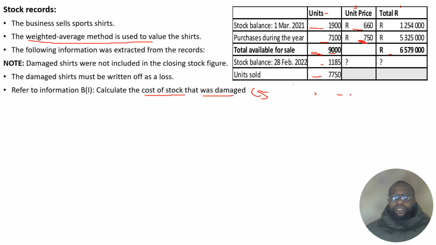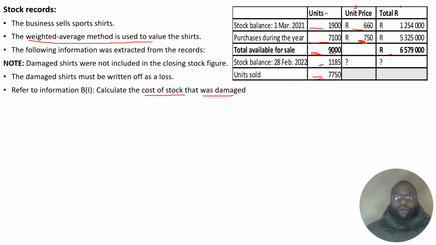Let me repeat this. We had 1,900 at the beginning. We purchased 7,100. We ended up having 9,000 t-shirts available. During the year, we sold 7,750 t-shirts. Now in storage, at the end of the year, 28 February 2022, we have 1,185. So there is a missing amount here, and that missing amount is the one that was damaged.